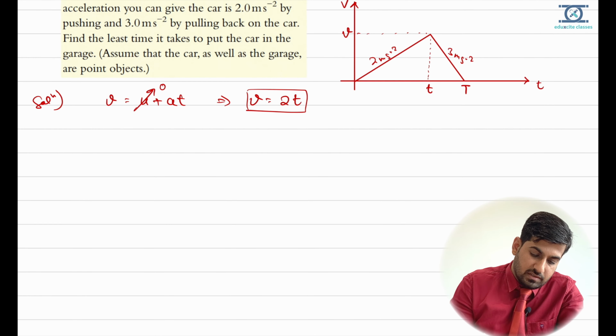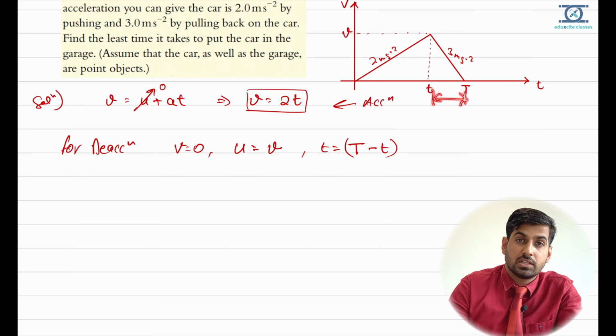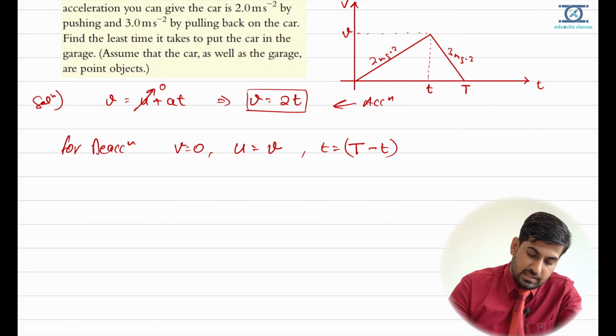Now during the deceleration, what is happening? This was for acceleration. Now I am doing it for deceleration. For deceleration, the final velocity is 0. Initial velocity is v. The time I have taken is capital T minus small t, because this is the total time. This is the time during which I am pulling it back, and the acceleration is given as 3 meter per second square. So again I am using v equals u plus at.